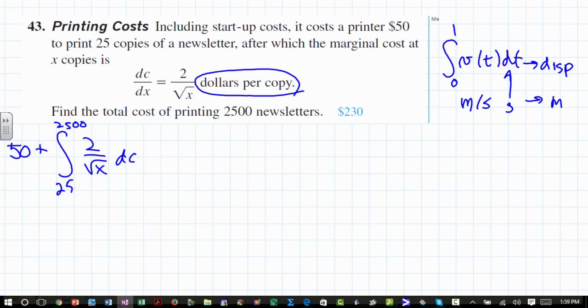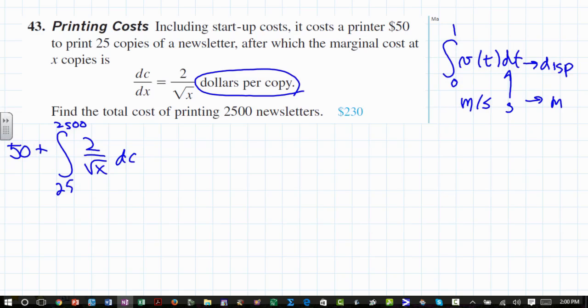I don't think this question is written well enough to know which way they mean. I think that's right because you're taking it from 25 to 2,500, not from 0 to 2,500, because the 50 is 0 to 25. Right. And then the other part is 25 to 2,500.